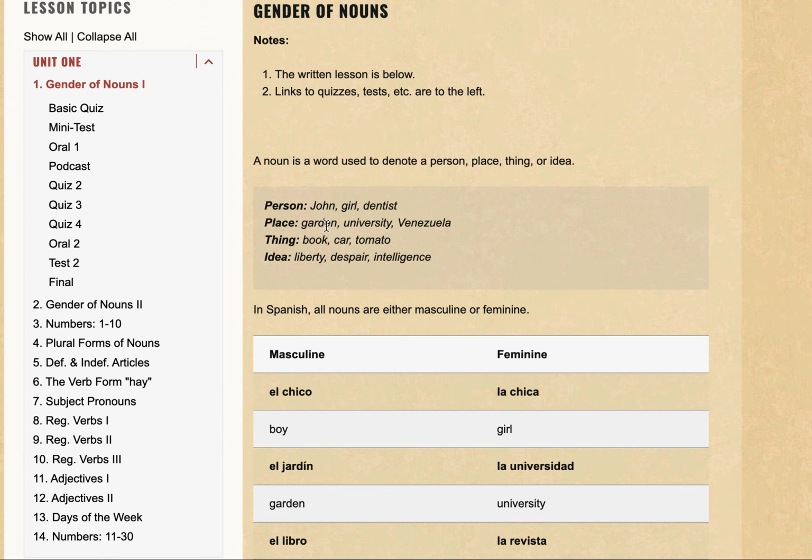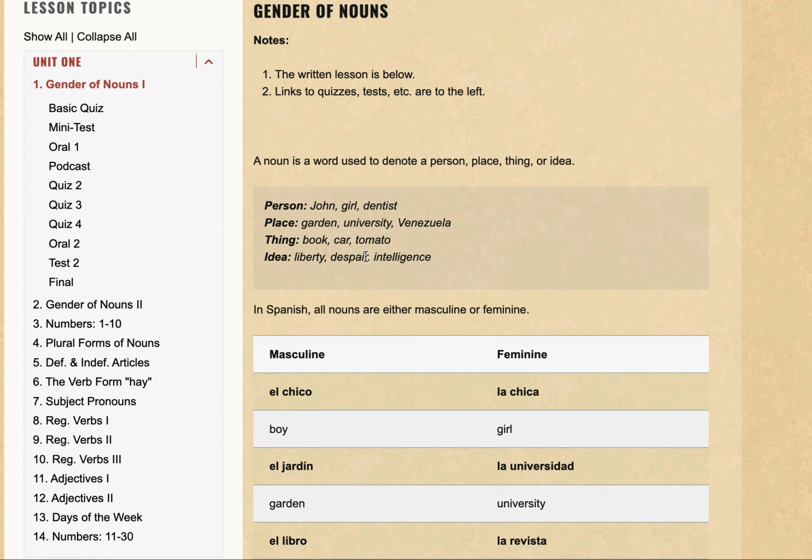So a person could be the name of a person, obviously, or John, a girl, a dentist, and a place could be a garden, a university, a country like Venezuela, a thing like a book, a car, tomato, or an idea like liberty, despair, or intelligence.